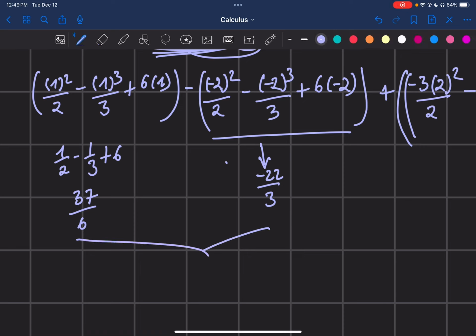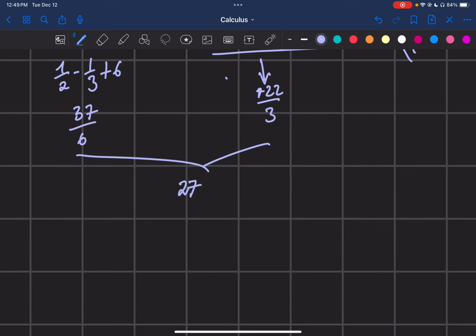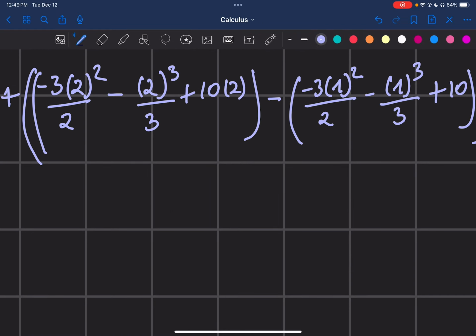So I end up with 37 over 6. When I subtract, that means the sign is going to change, it's going to become plus. So I can just do 37 over 6 plus 22 over 3. So that gives me 27 over 2. Perfect. And I can do the same thing on this side.